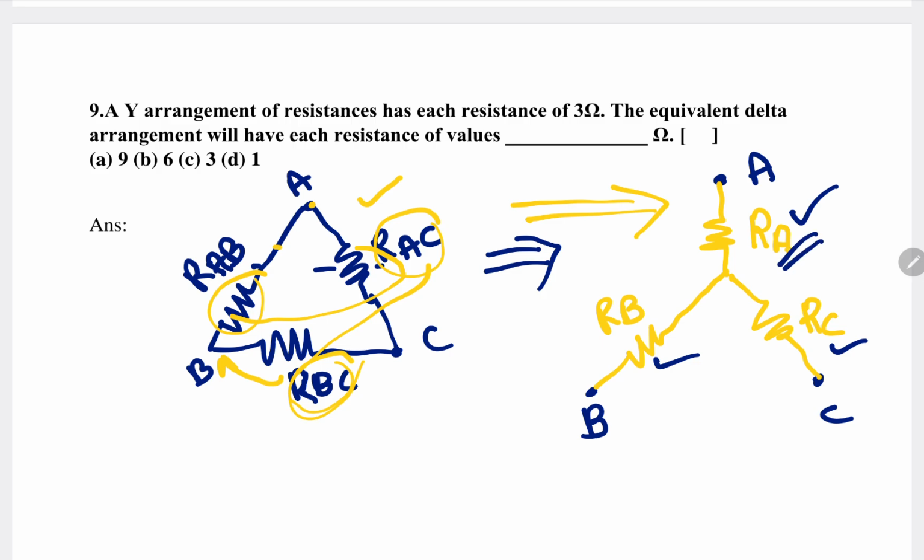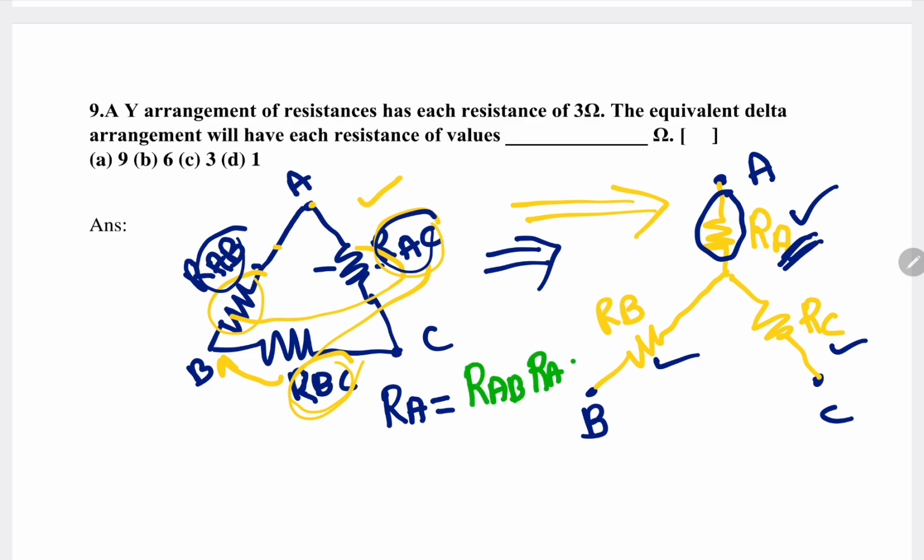We have a derivation for that, but I am not discussing it here; directly I am using the formula. RA came due to RAB and RAC. So RA is equal to RAB into RAC divided by RAB plus RBC plus RAC.